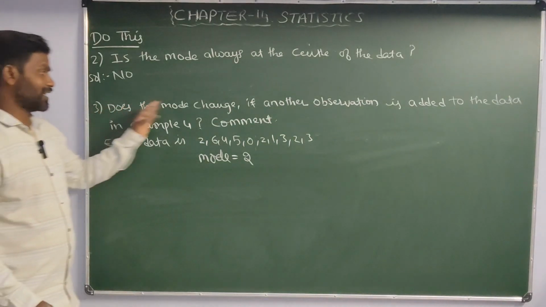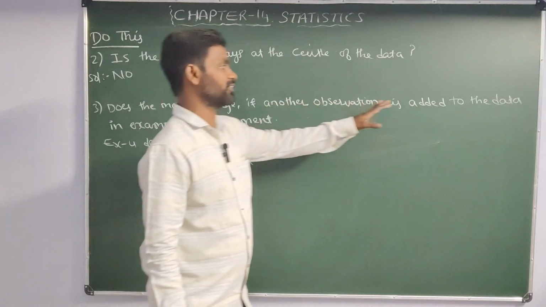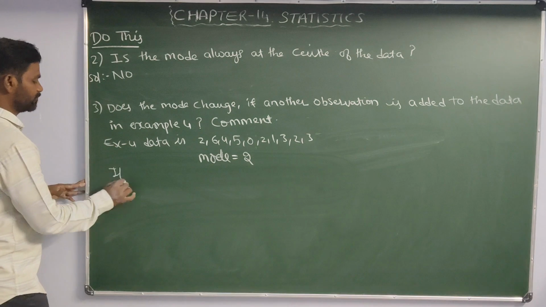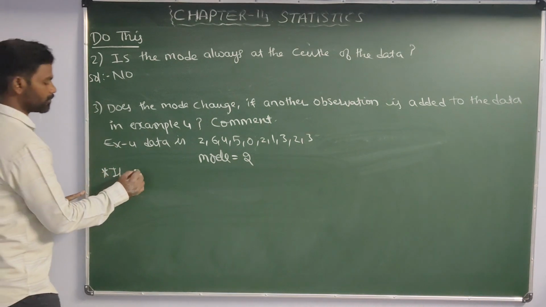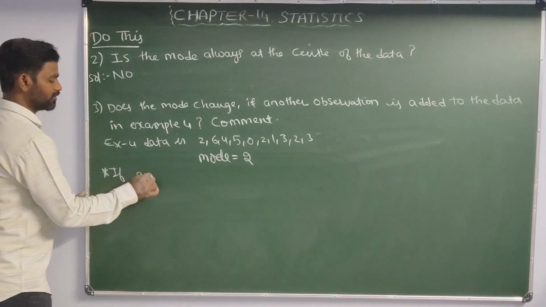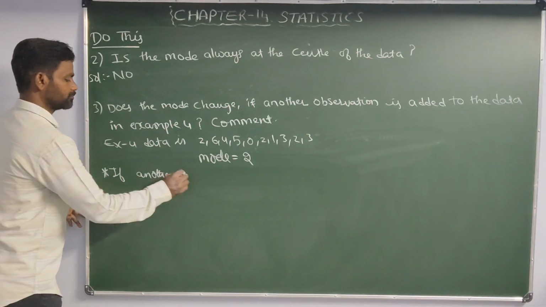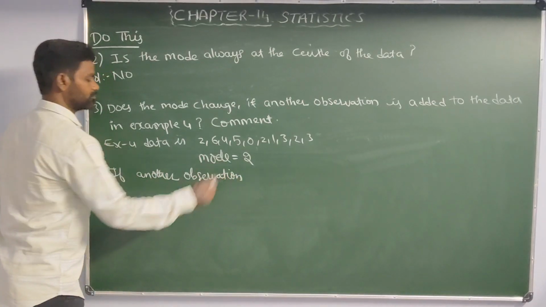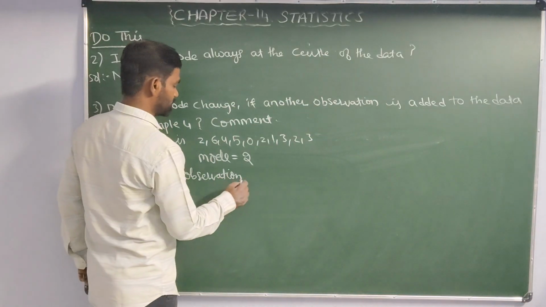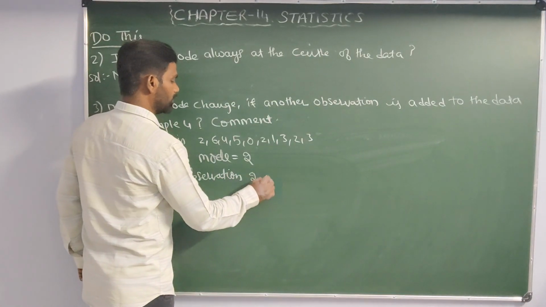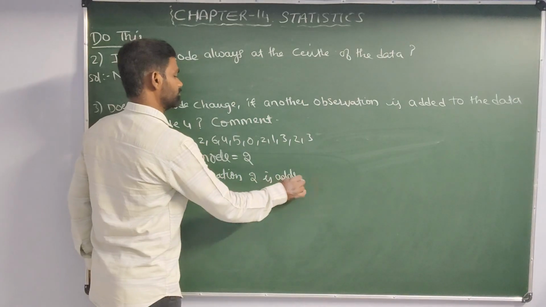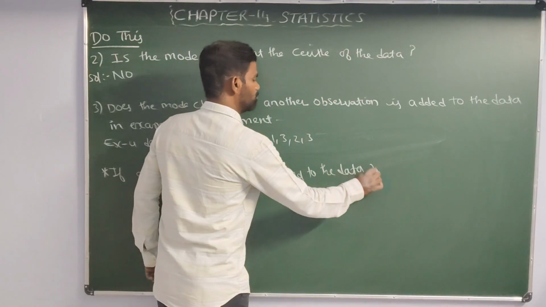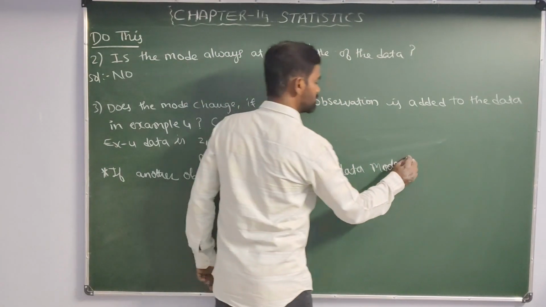Now coming to our question, does the mode change if another observation is added? That is our question. If another observation 2 is added to the data, mode does not change.